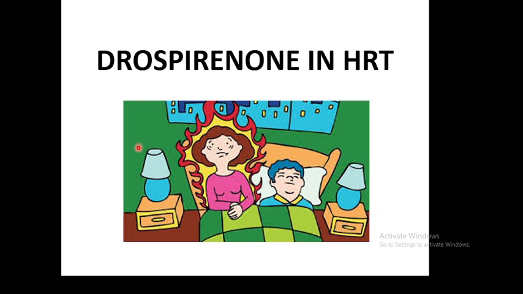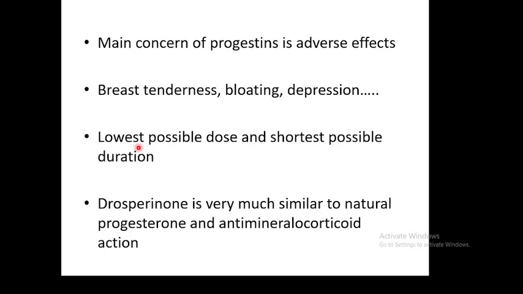So while we are giving the estrogen, we have to give a progestogen with minimal side effects or adverse effects. The policy of giving the estrogen is we have to give the lowest possible dose and the shortest duration because of some estrogen related concerns like breast malignancy.